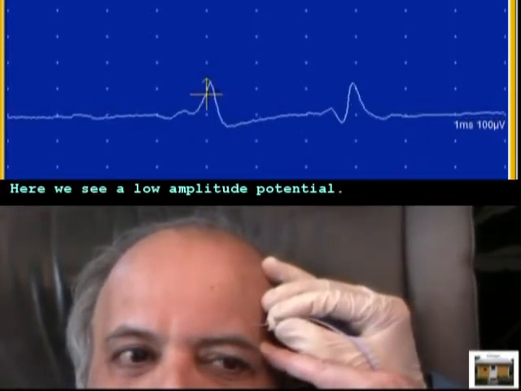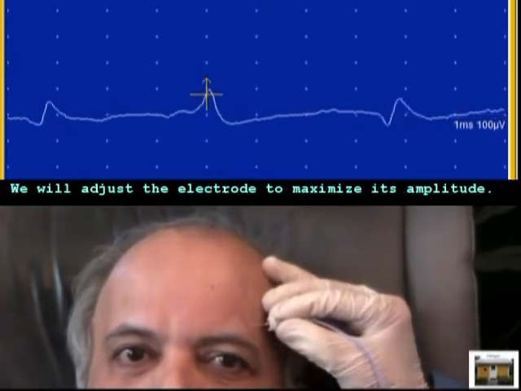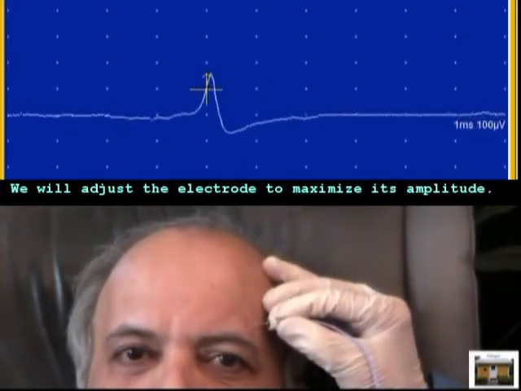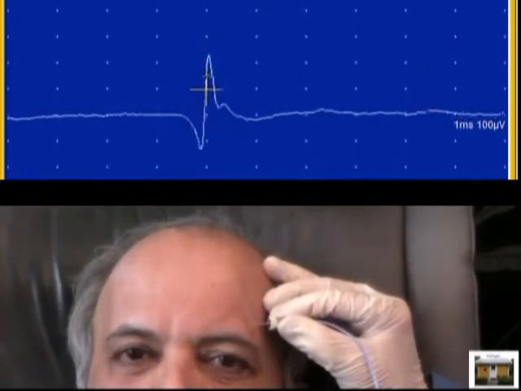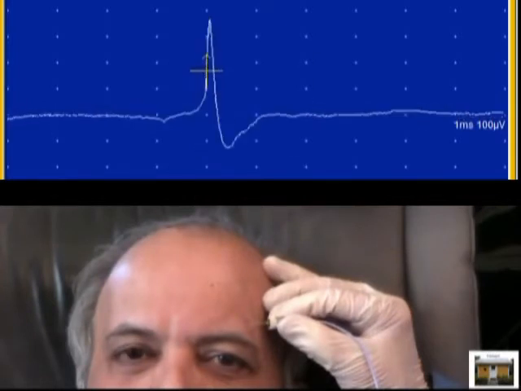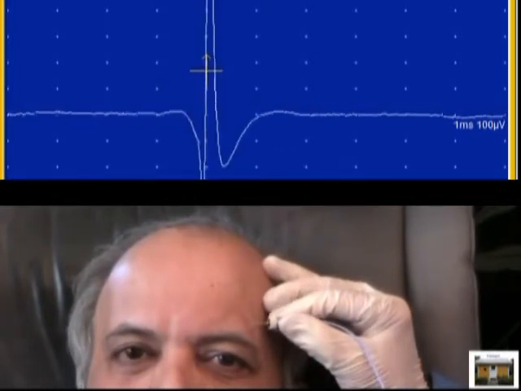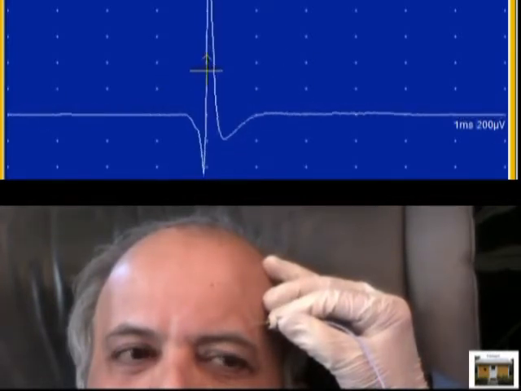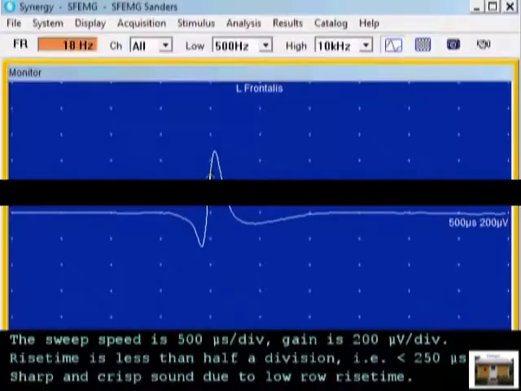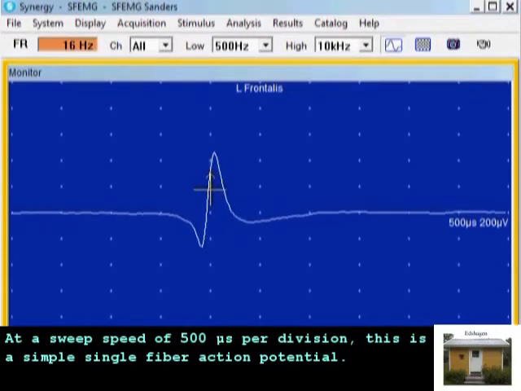Here we see a low amplitude potential. We will adjust the electrode to maximize its amplitude. At a sweep duration of 500 microseconds per division.